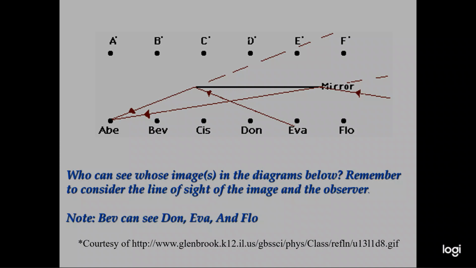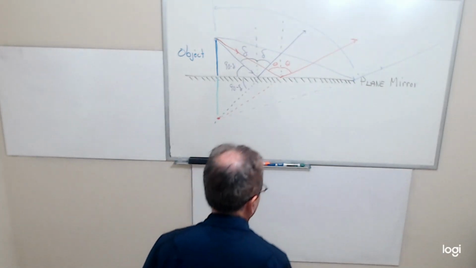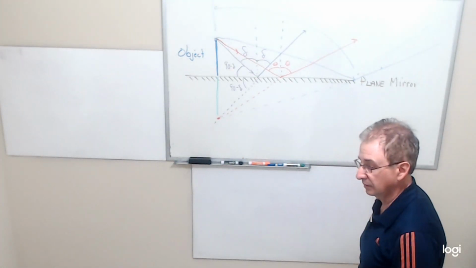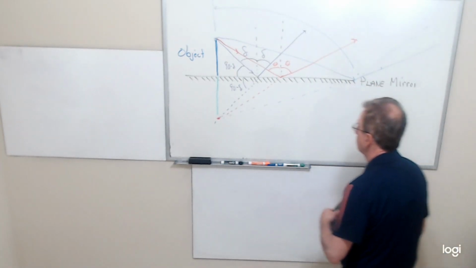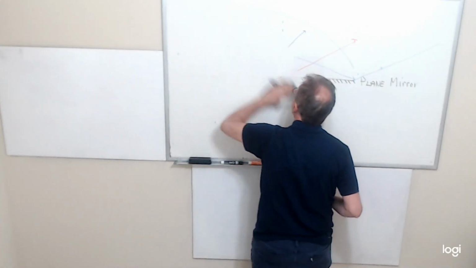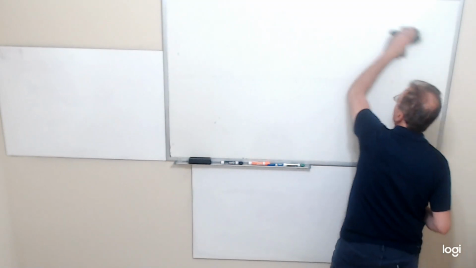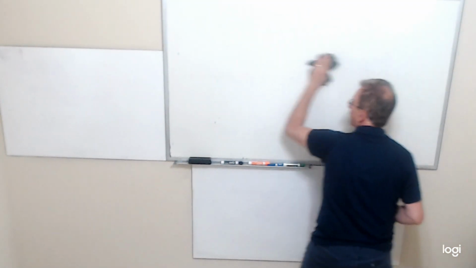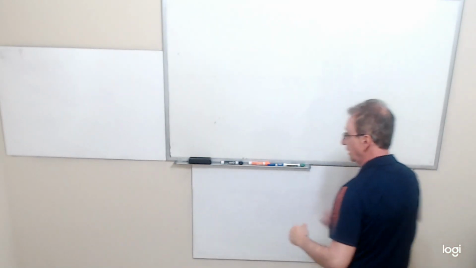Okay, I want to do one more example. This example is not in your notes. Suppose I have two mirrors that are perpendicular to each other. And what I say here is going to only be true if the mirrors are perpendicular to each other.